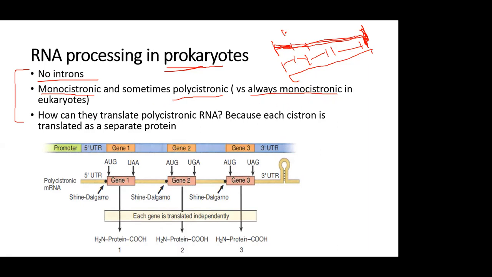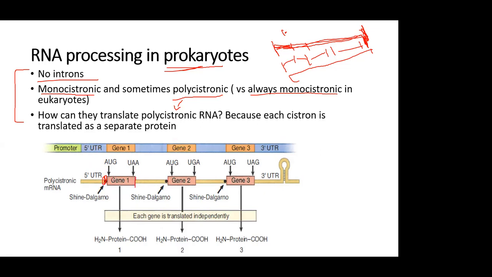Okay. So if the bacteria or prokaryotes have a polycistronic mRNA, how are they going to translate that? We already said there are no introns for you to splice them. So how are you going to produce the proteins in translation? As you can see here, these are multiple genes. This is a polycistronic prokaryote mRNA, and for each gene there is a beginning of translation and a stop codon.